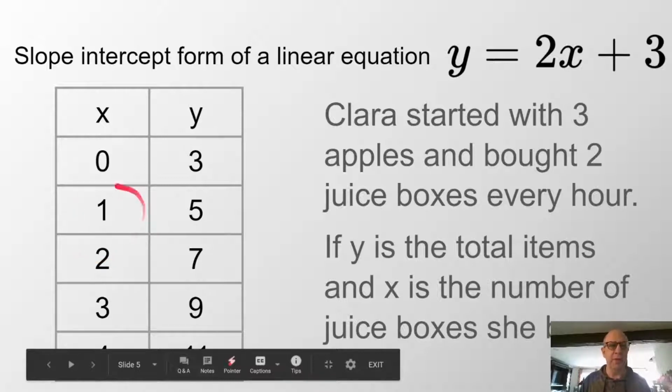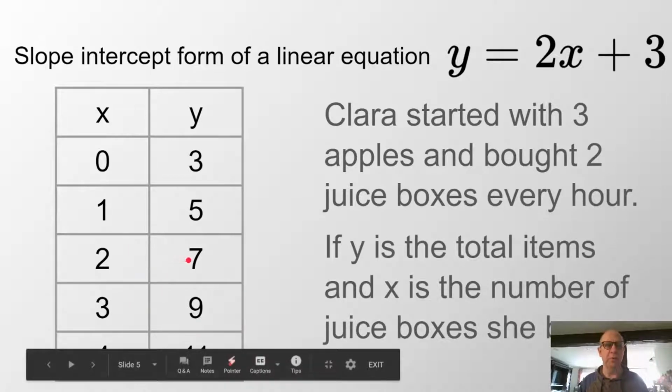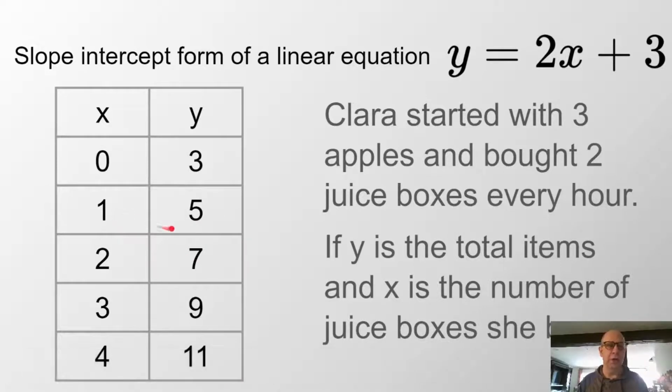However, if the x's are not going up by 1s, then what you have to use is the slope formula and subtract one point from the other point. If they tell you it's linear, you only have to pick 2 points and subtract. If they say determine if it's linear, you have to check all of the points. So if I did 7 minus 5 over 2 minus 1, I would get 2 over 1.